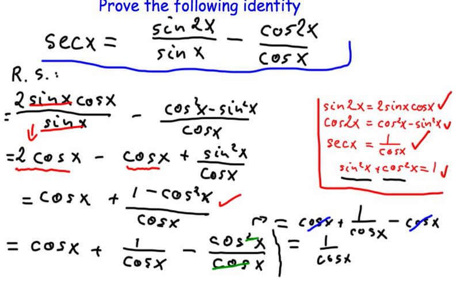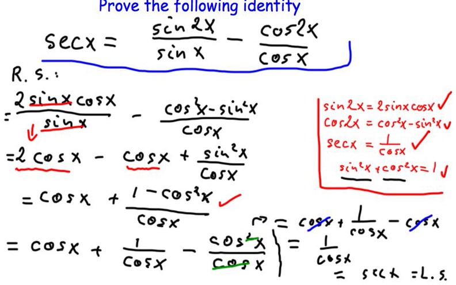And 1 over cosine x, according to this identity, is simply secant x. Secant x, and secant x, indeed, is our left-hand side. So this is equal to LS.